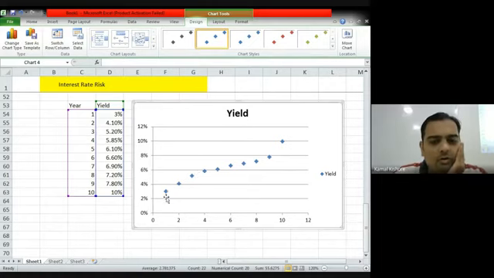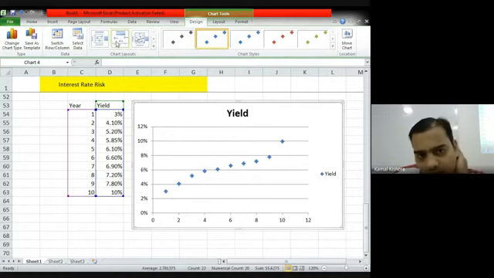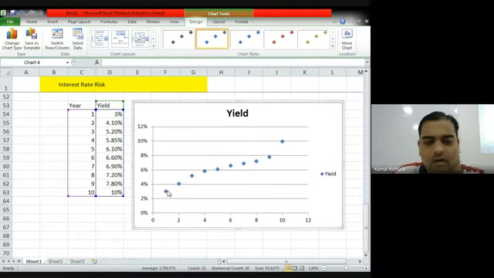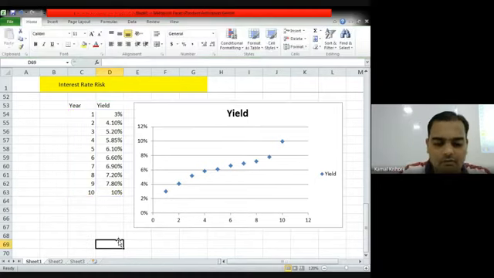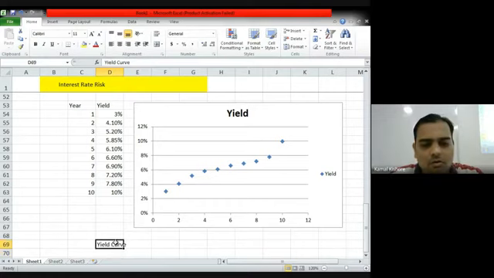Now this curve, generally this is a line, connected. I'm not getting a yield graph here in this Excel, but generally this is a line, a curve. We call it a yield curve. So this yield curve is either going up or coming down.